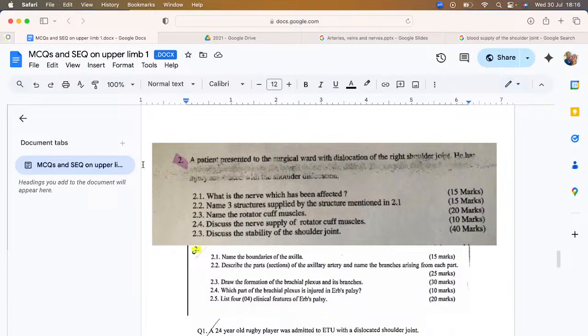Okay, now the next question is name the rotator cuff muscles. We know that there are 4 rotator cuff muscles. So what are those 4 rotator cuff muscles? Can anyone mention them in the chat?